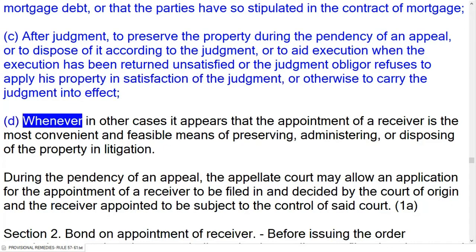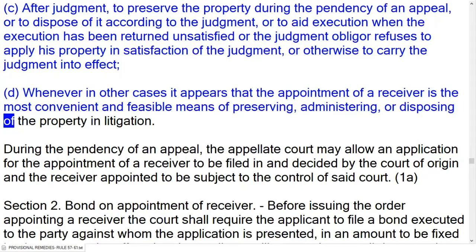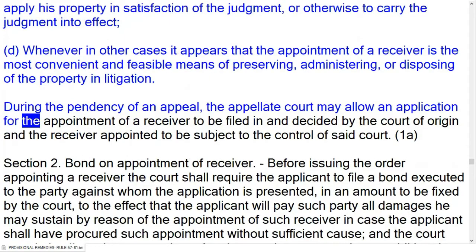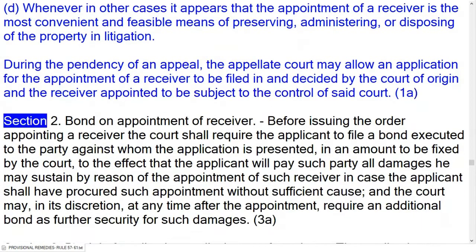D. Whenever in other cases it appears that the appointment of a receiver is the most convenient and feasible means of preserving and administering or disposing of the property in litigation. During the pendency of an appeal, the appellate court may allow an application for the appointment of a receiver to be filed and then decided by the court of origin and the receiver appointed to be subject to the control of said court.